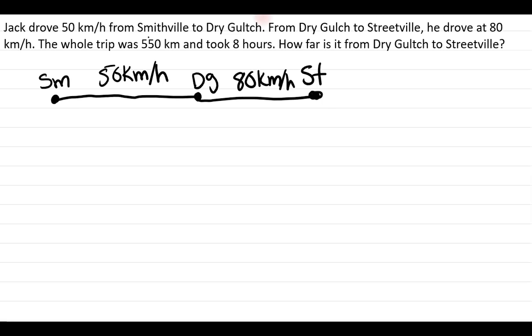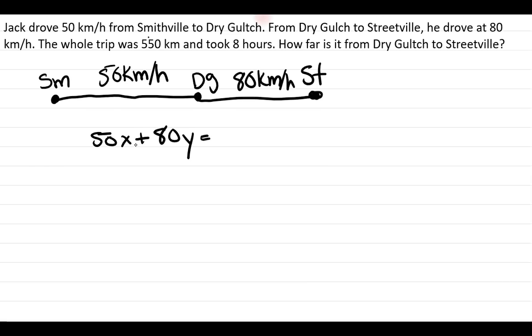So we'll make two equations. Let's say X represents the number of hours that were driven at 50 kilometers per hour. So 50X plus 80Y, where Y represents the number of hours that were driven at 80 kilometers per hour.